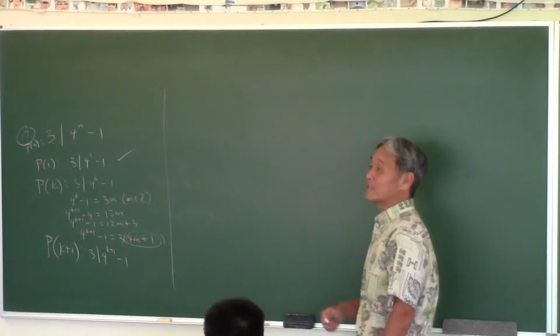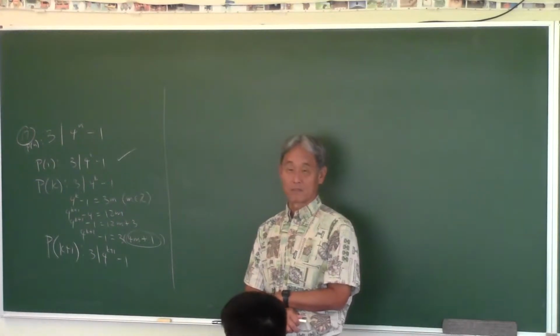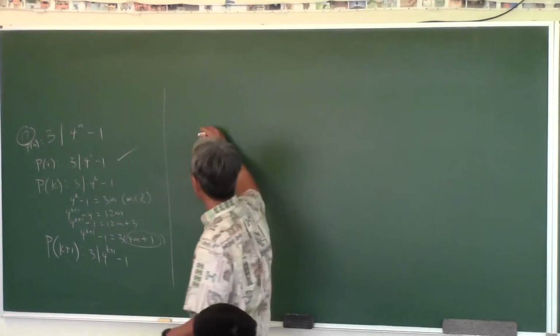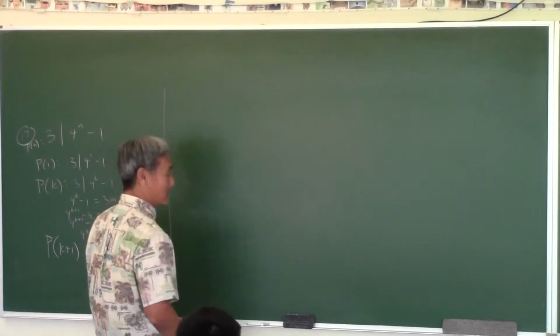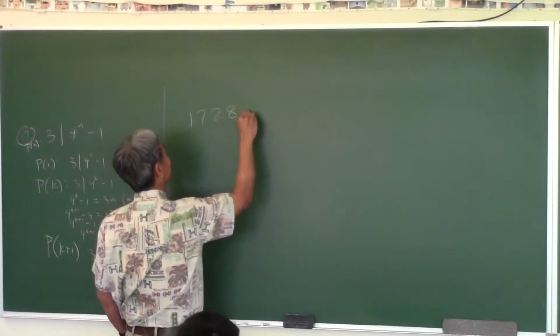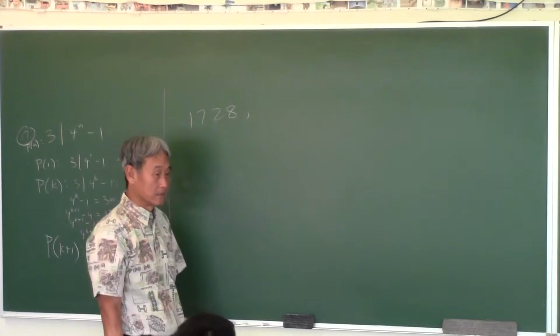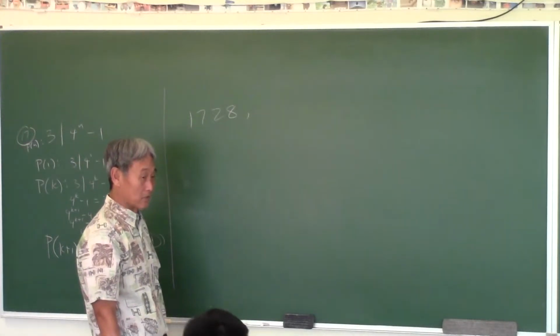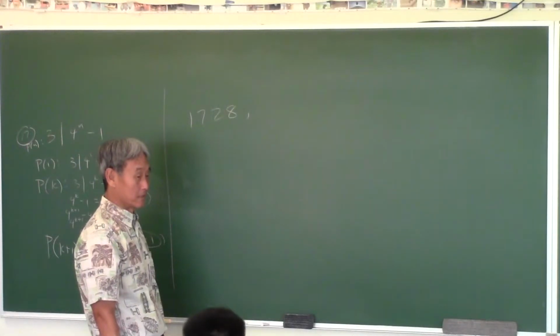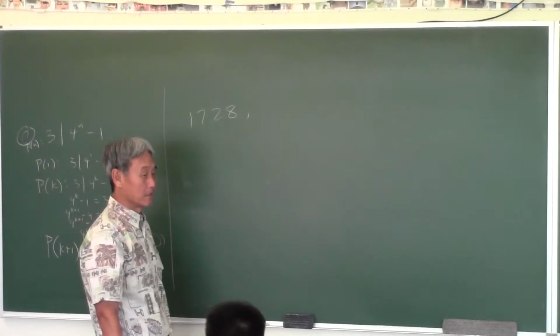Okay, so let's think of two really big numbers where we have to find the greatest common divisor. How about 1728 and 2018? 2018 factors into 2 and 1009.